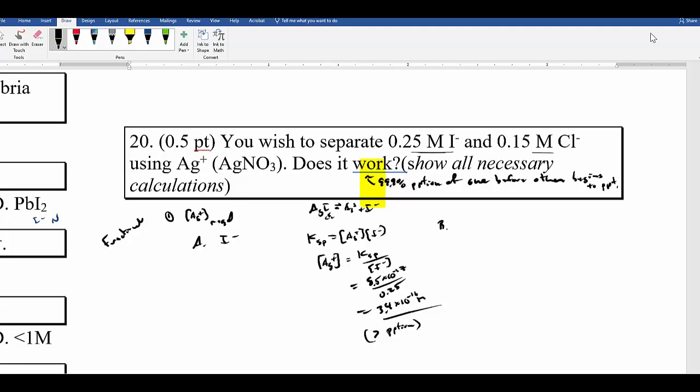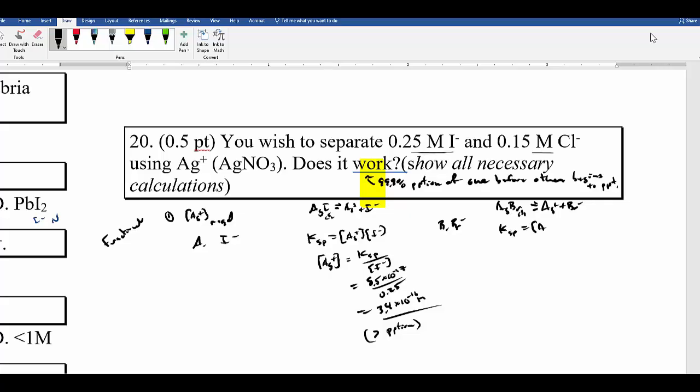Okay, B for the bromine. We have silver bromine. This one splits up the same, so we could just look at the KSP to see which one's going to precipitate first. But anyway, we get the KSP.